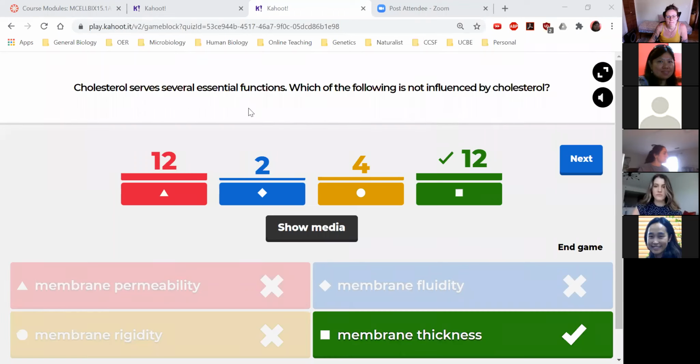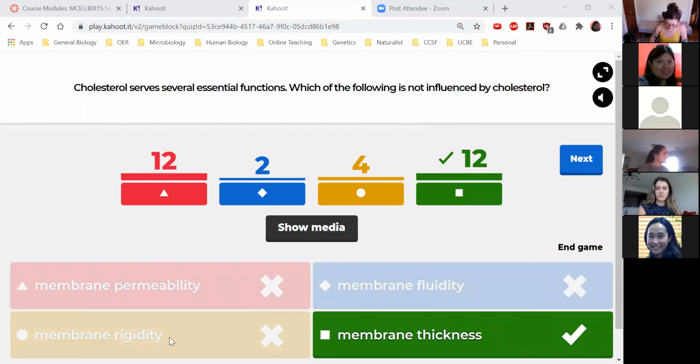So go back to the Kahoot question. This one says cholesterol serves several essential functions in the membrane. Which of the following is not influenced by cholesterol? And the middle two, membrane fluidity and also the rigidity, are definitely the main functions of cholesterol.